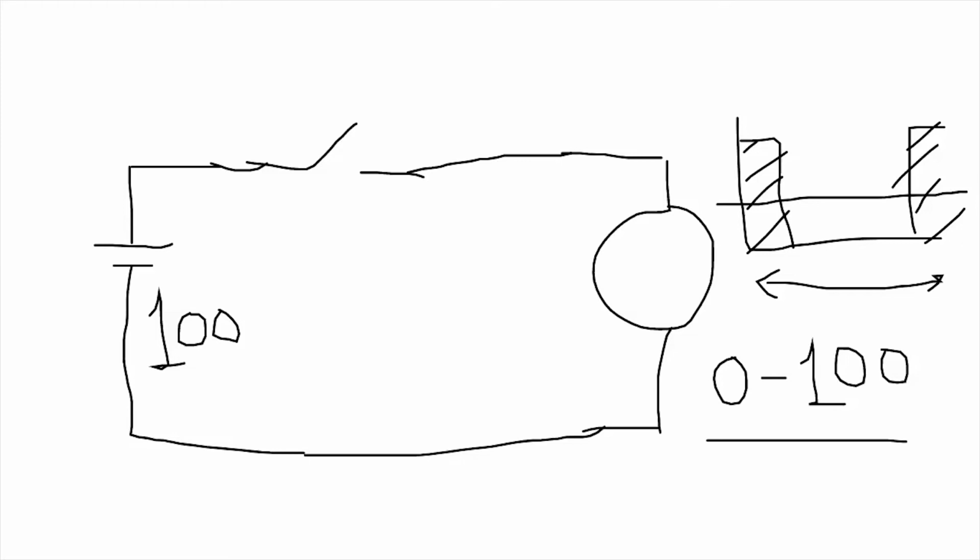Let me connect all these things, and once they are available, we need to give some kind of control signals. Here I'm going to give the acceleration input, so let me name this acceleration input, and let me name this brake pedal input. I'm going to apply acceleration over here and the brake over here.